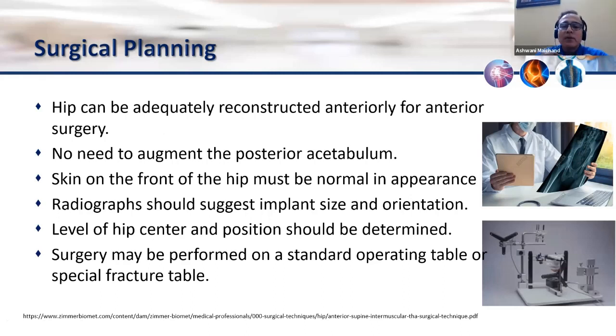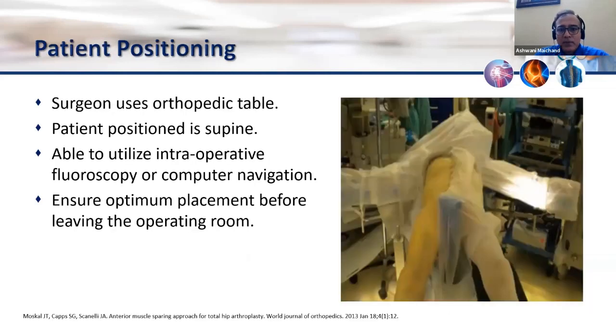Surgical table. Generally, we operate on standard tables, but especially the type of table they are showing in this video, many centers or many surgeons may not have that sort of table, so that could be a drawback. Patient positioning, very well illustrated, you can see that.